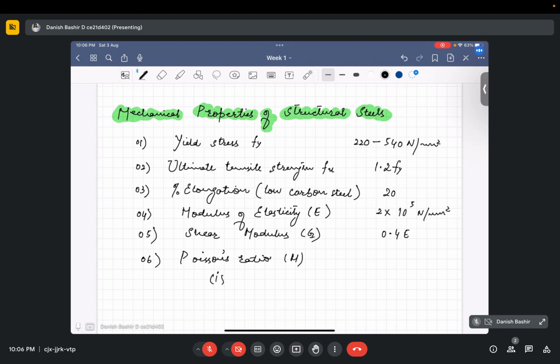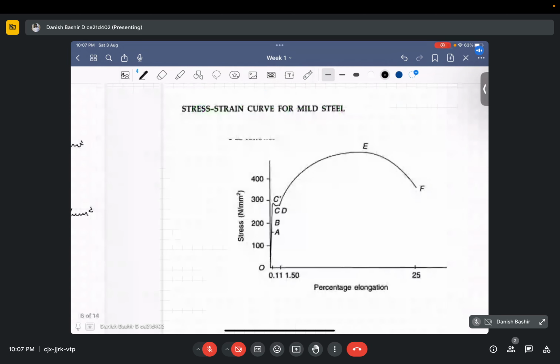First is in the elastic range, because steel behaves differently in elastic and plastic ranges. I will show you the stress strain curve of steel as well. For the elastic range, the Poisson's ratio value is 0.3, and for the plastic range, it is about 0.5. I hope this is clear to you.